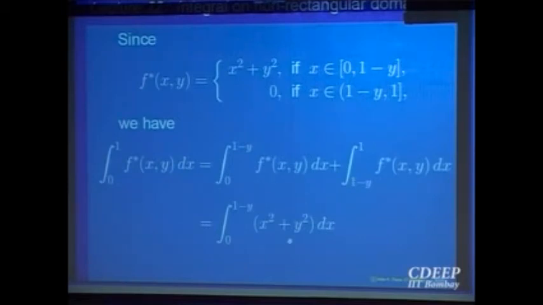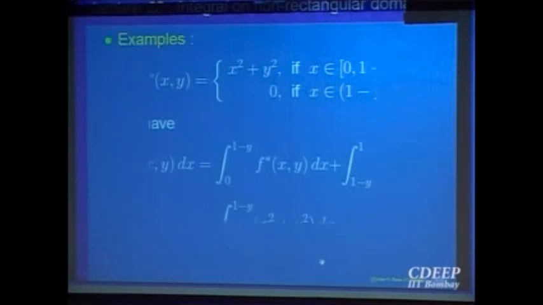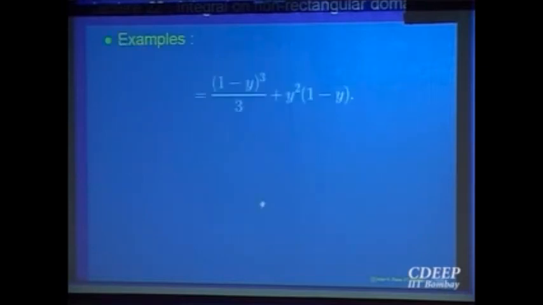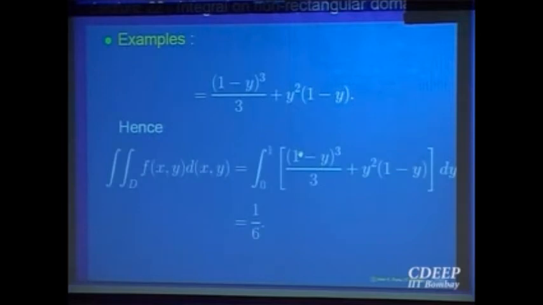In this portion I know it is x square plus y square, in this portion it is 0, so it is just this integral. Okay, and this integral now I can compute, find out the value, and now I will integrate that with respect to the other variable, y, to get the answer to be equal to 1 by 6.